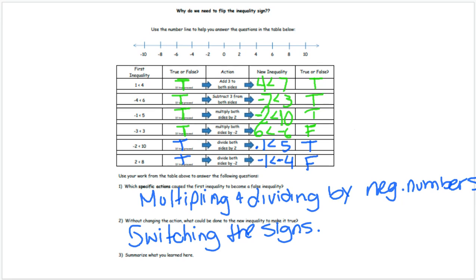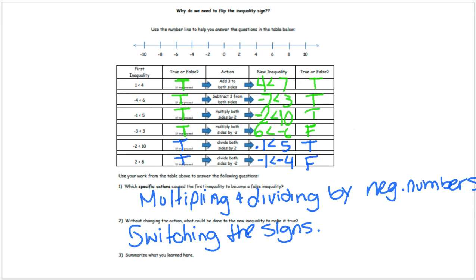Okay, so overall, we learned that if I add or subtract to both sides of the inequality, my statement is still going to stay true. If I multiply or divide by a positive number, my statement will stay true.